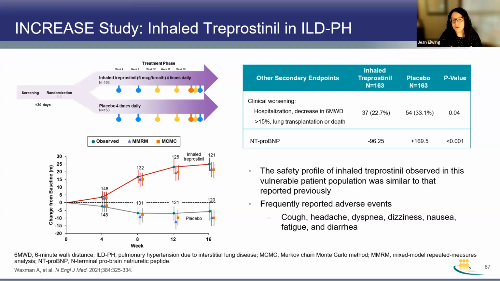And we found those patients who were exposed to inhaled treprostinil had significant benefit in terms of exercise capacity, with improvement in 6-minute walk distance. And in addition to that, they had less clinical worsening, which included hospitalization, decrease in walk distance, lung transplant, and death, and also impacted their NT-proBNP. So a very impactful study which allowed inhaled treprostinil to become FDA approved for ILD-PH.